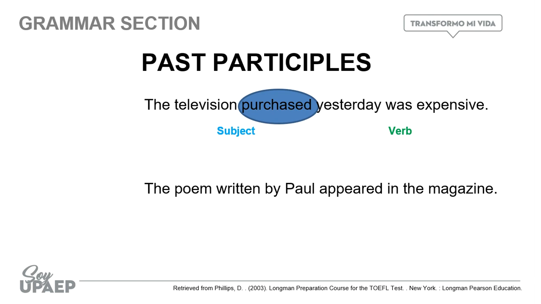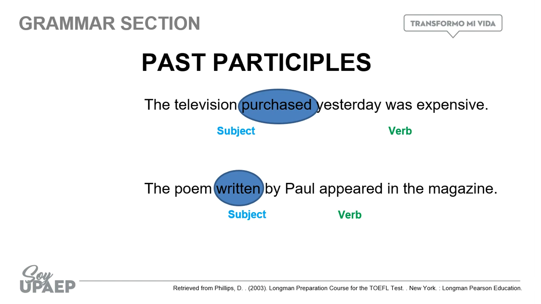Okay. In the second case, the subject is the poem written by Paul, and the verb is appeared. Okay, so the past participle written, in this case, is an adjective that is describing the poem. Why? Because it is not accompanied by any verb.